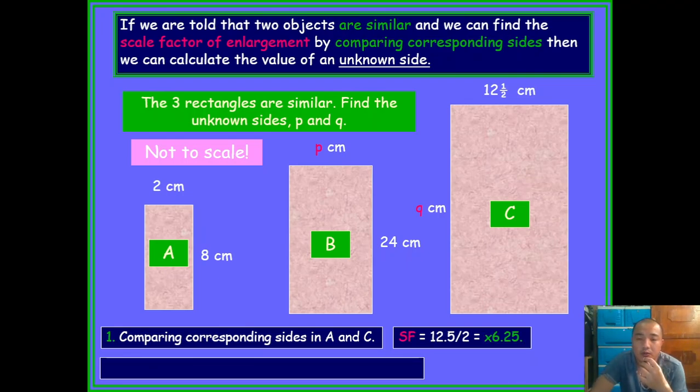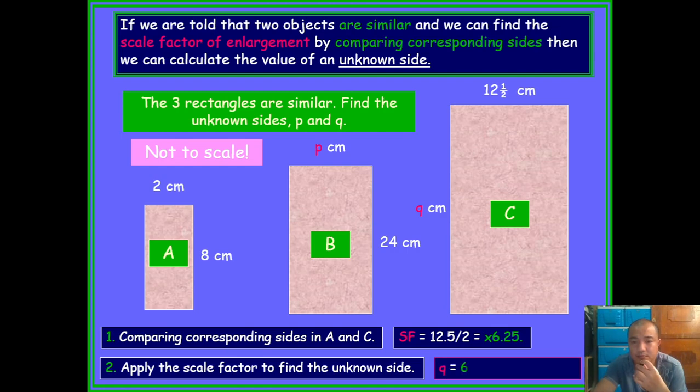So you multiply by 6.25 to solve for Q. Now apply the scale factor to find the unknown side. 6.25 times 8 is equal to 50 cm. Because if this is 8, that is 8 also, since in rectangles opposite sides are congruent. So Q is 50 cm, and P is 6 cm.